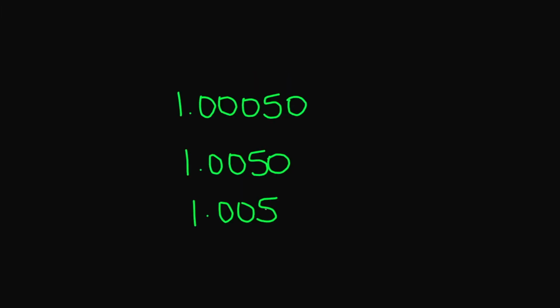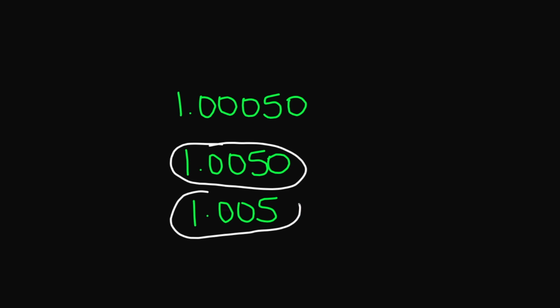So let's look at this example. Which two numbers are equivalent? The numbers that are the same are my second number, 1.0050, and my last number, 1.005. The number on top is not a match for the two that we have here.